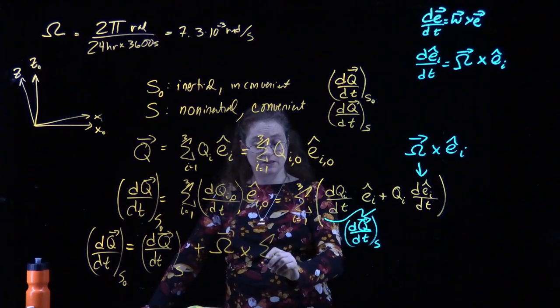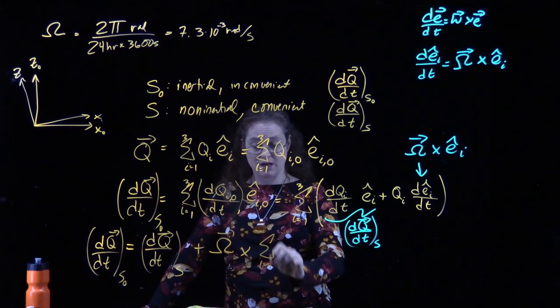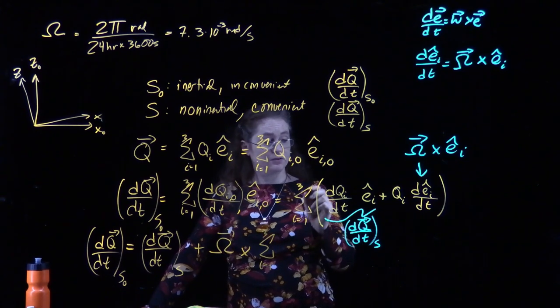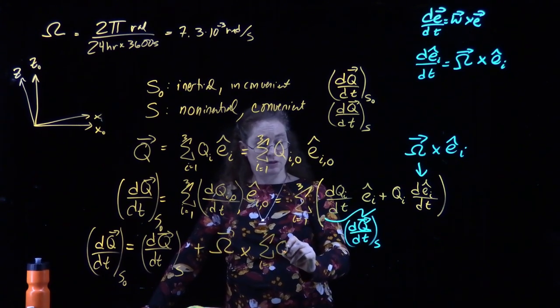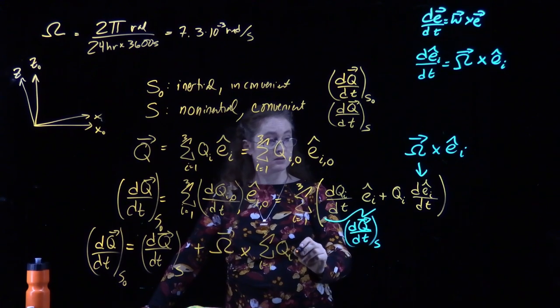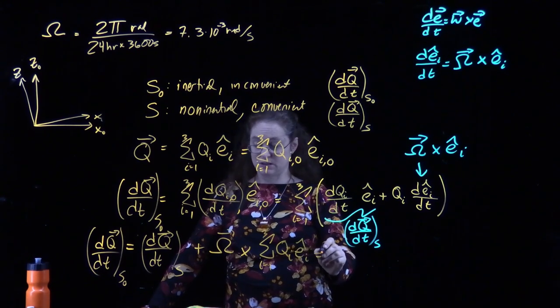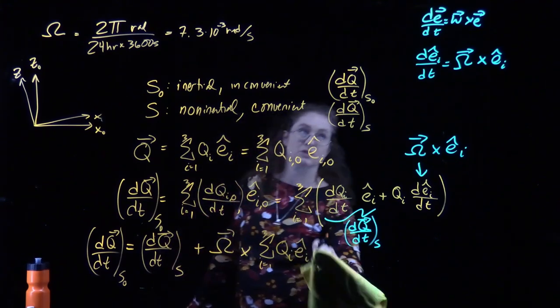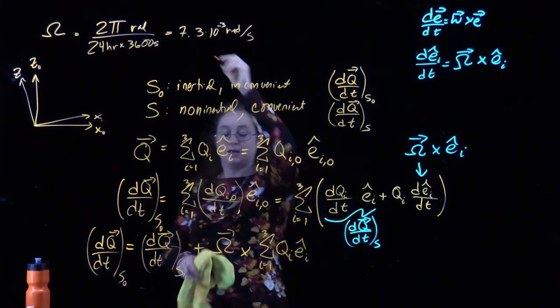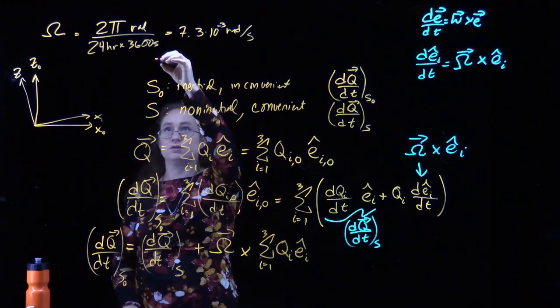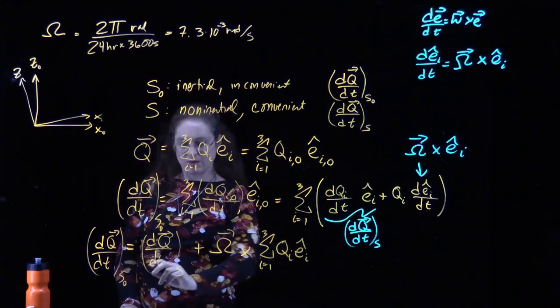So crossed with the sum over i of q_i E hat i. So this is, actually I'm going to write this up here because this is an interesting result. And well, I'll squeeze it in here.